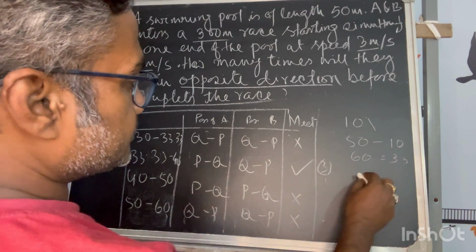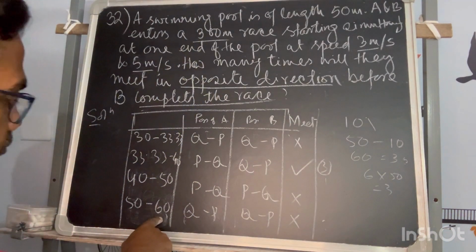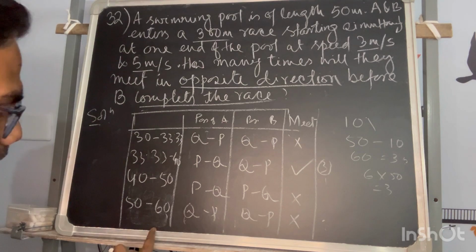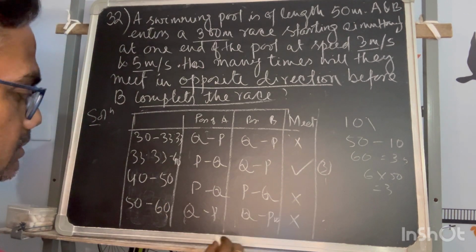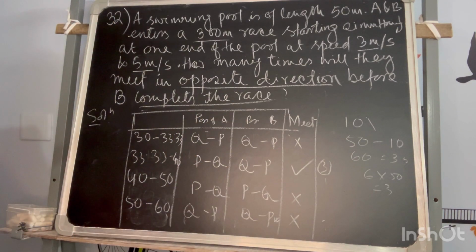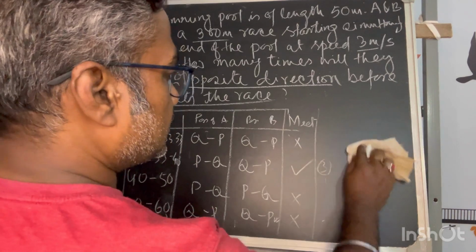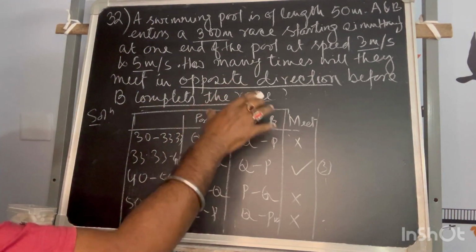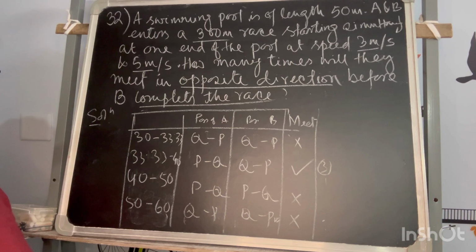In 60 seconds 6 laps, 6 into 50, already 300. So after that there is no question of traveling. So this is also a procedure for solving this. You can calculate the lap time, put it in tabular form, and calculate this way. So these are the 3 methods by which you can solve this problem.